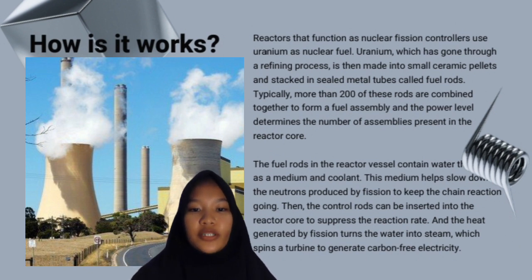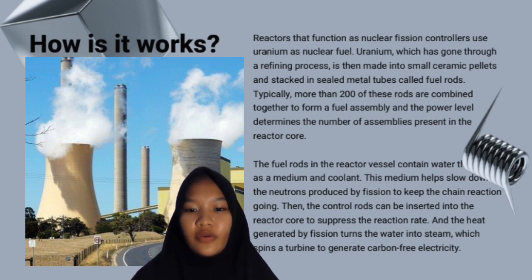How does it work? Reactors that function as nuclear fission controllers use uranium as nuclear fuel. Uranium, which has gone through a refining process, is then made into small ceramic pellets and stacked in sealed metal tubes called fuel rods. Typically, more than 200 of these rods are combined together to form a fuel assembly, and the power level determines the number of assemblies present in the reactor core.